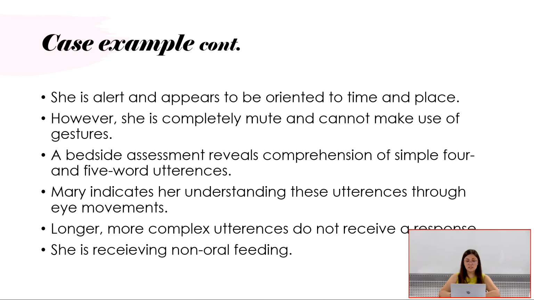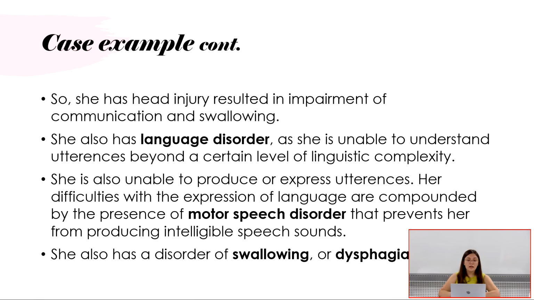And also she is receiving non-oral feeding, which means that she had difficulty in swallowing and eating by herself. And she has those kinds of impairments as a result of her head injury, and it affects her communication and swallowing.